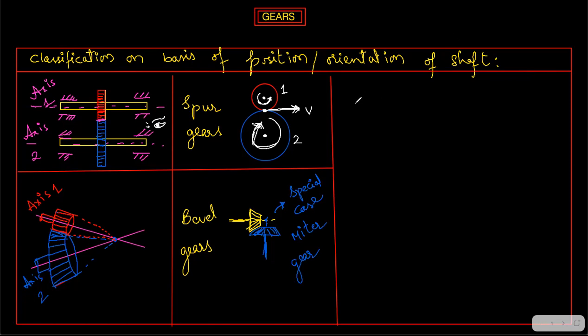And we are going to get into the next class, the next type of gears, where the axes are neither parallel nor intersecting. So in this first case, what do you see here? In the first case, you see that the axes are parallel, right? So here the axes are parallel. I'll just write it down here itself instead of going to the next page. Axes are parallel.